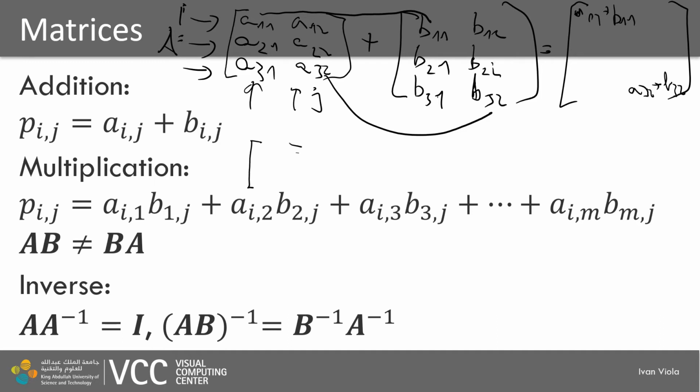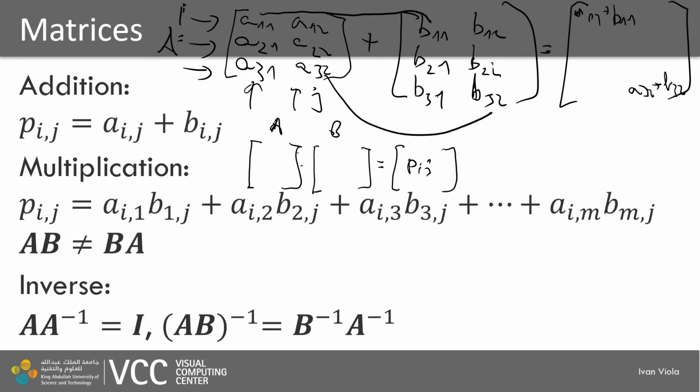Generally, in multiplying matrices, we create a product in such a way that P_ij, which is the product matrix of the multiplication of these two matrices, let's say A and B, we first multiply the elements of a row with the elements of a column.